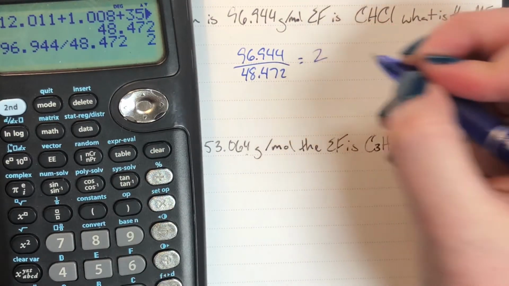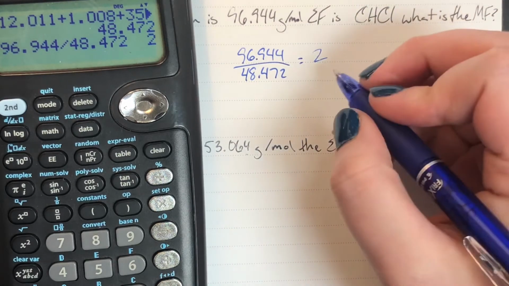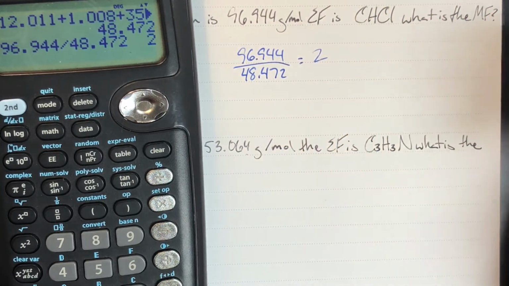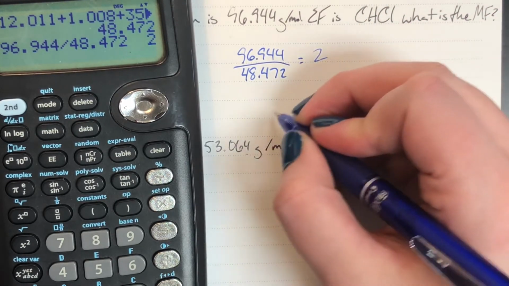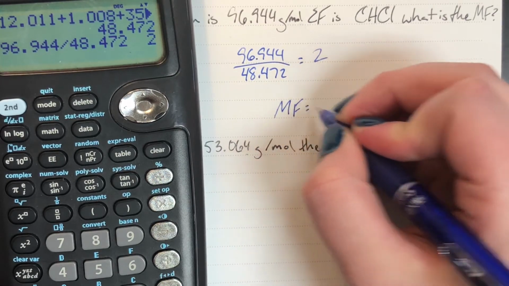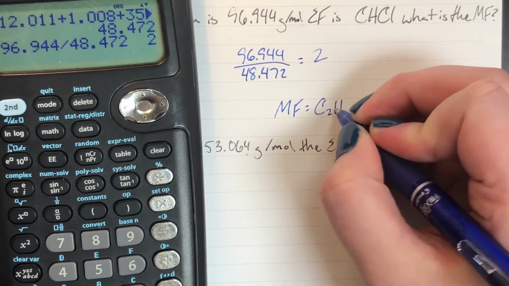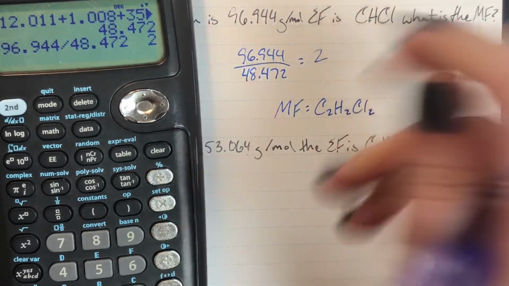And when I do that, I get a nice round 2, which means all I need to do now is multiply all these subscripts by 2, which will make my molecular formula C2H2Cl2.